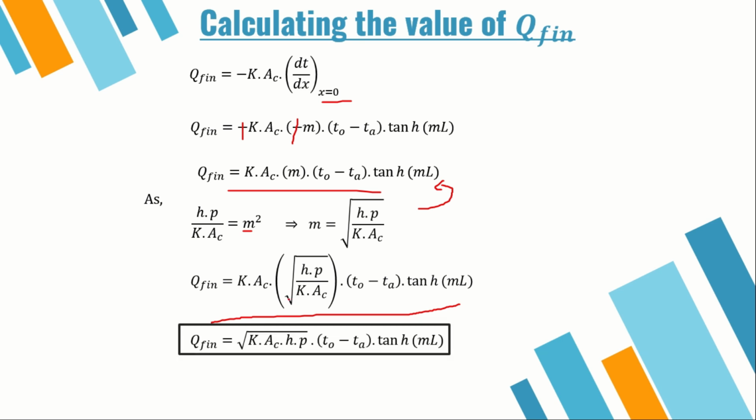So this term would be cancelled out by this term, forming an under root above, and under the root we will be multiplying, and we find that the value of Q fin is the square root of kAc h P into (T naught minus Ta) tan hyperbolic ml. So this is the value of Q fin.